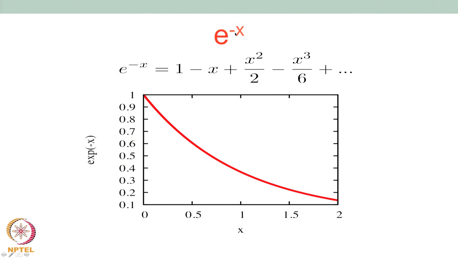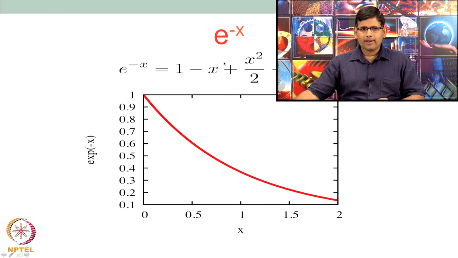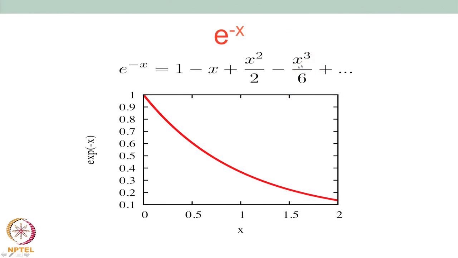So this is e power x we learned, now e power minus x. The expansion of e power minus x can be written as 1 minus x plus x square divided by 2 minus x cube divided by 6 plus many other terms. So again, this is also an infinite series.